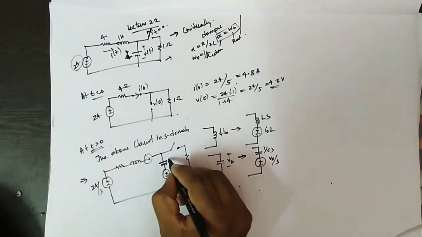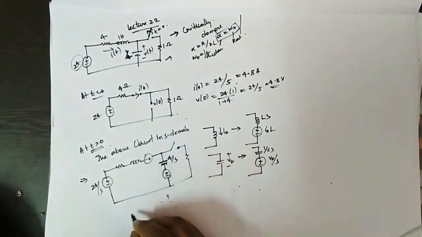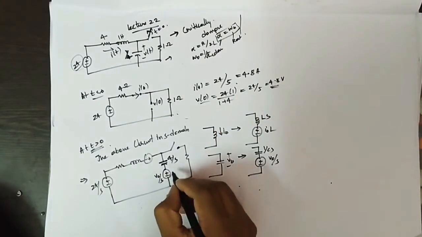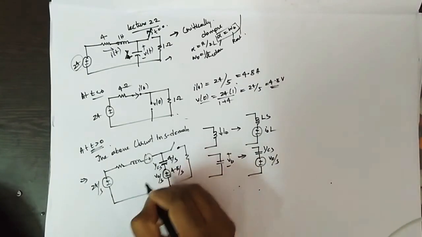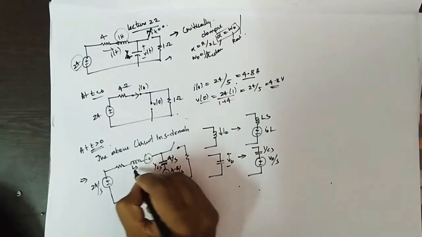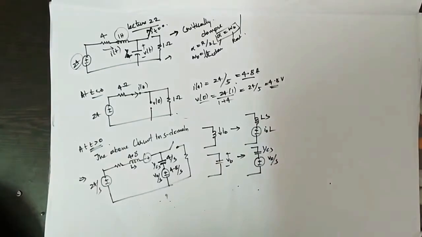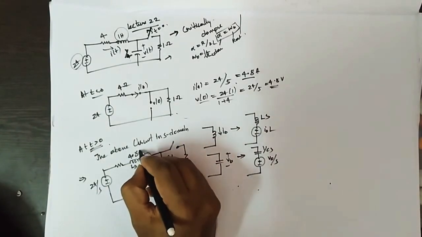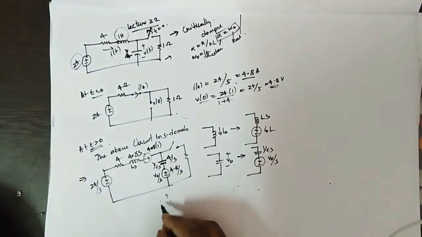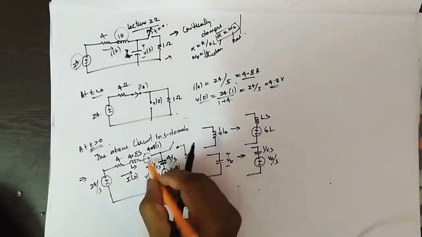With C as 1 by 4, 1 by Cs can be written as 4 by S. With V naught equal to 4.8, V naught by S is 4.8 by S. For the inductor, L into I naught, where I naught is 4.8 and L is 1 henry, gives 4.8 into 1, and Ls is 1 into S. The R value is 4. So we need I of S and V of S.